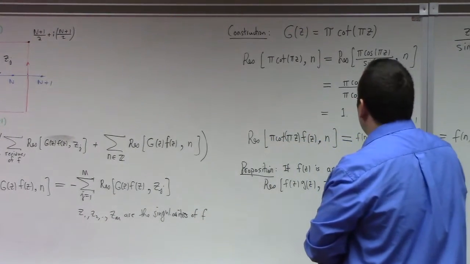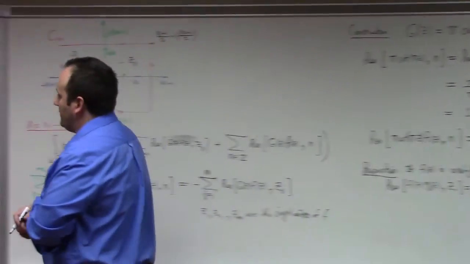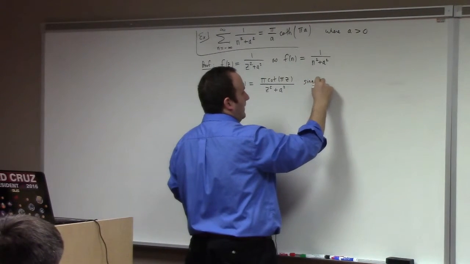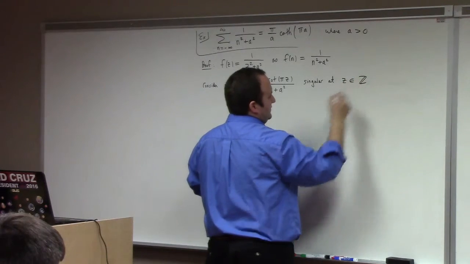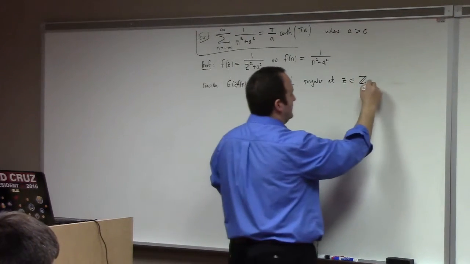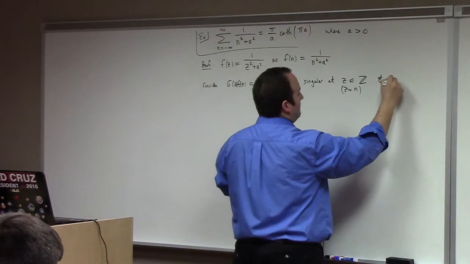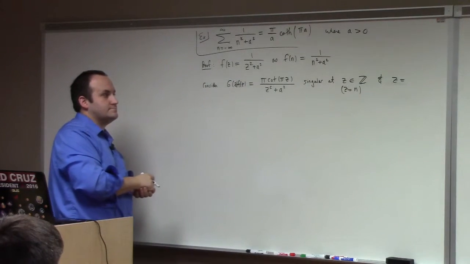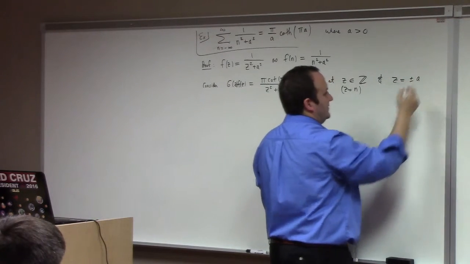Those are going to give us the series we're after. And the other term is, well, we need to figure out where the other singularities are. Singular where? Again, z an element of the integers. We know that's fine. So z equals n, let's say. And also z what? Yeah, plus or minus a.